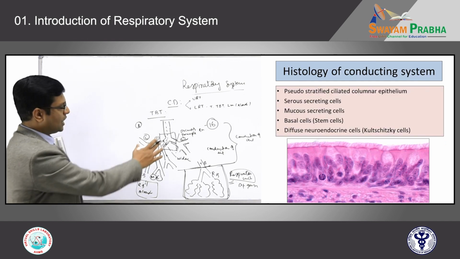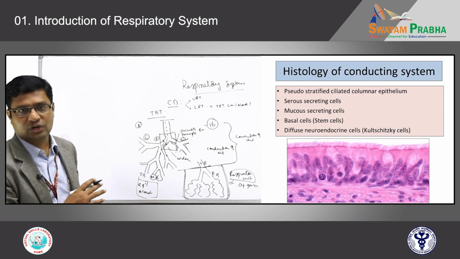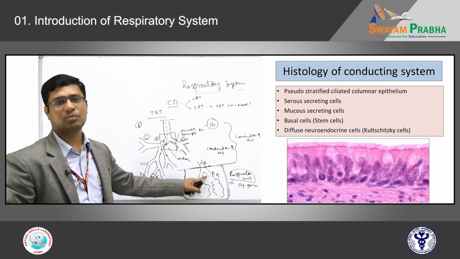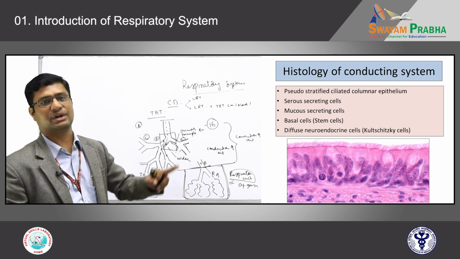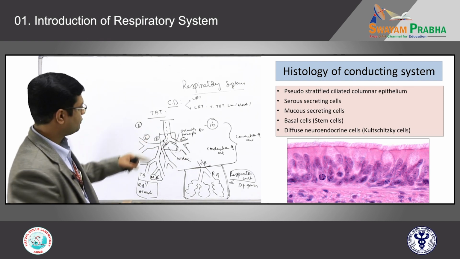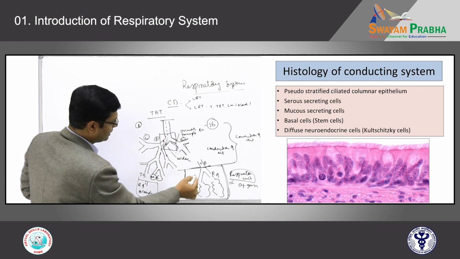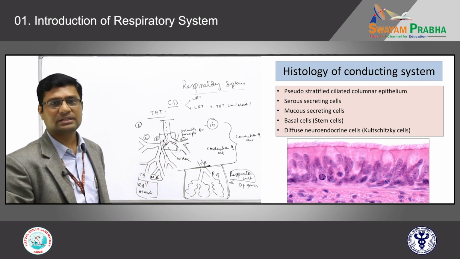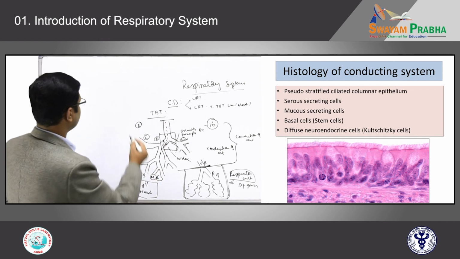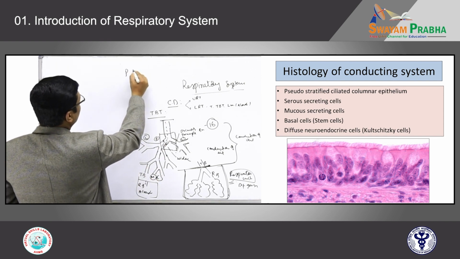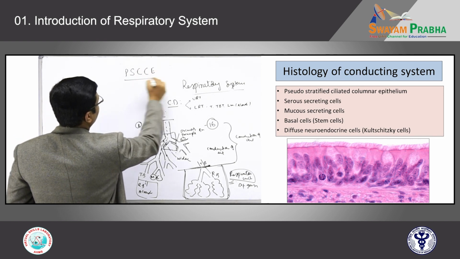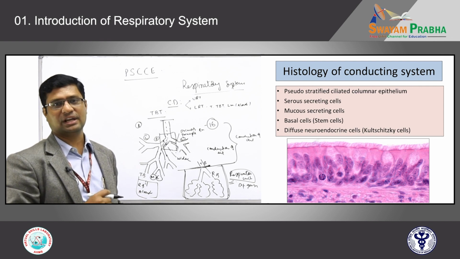We have seen the tracheobronchial tree and how it branches, and we have seen the respiratory unit. Let us see the normal histology of the respiratory tract, and what cells line it. All of us know that from the trachea till the level of the terminal bronchiole, the tracheobronchial tree is lined by pseudo-stratified ciliated columnar epithelium. This is called respiratory epithelium.